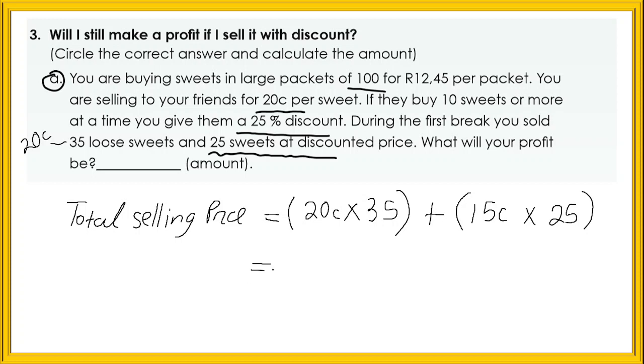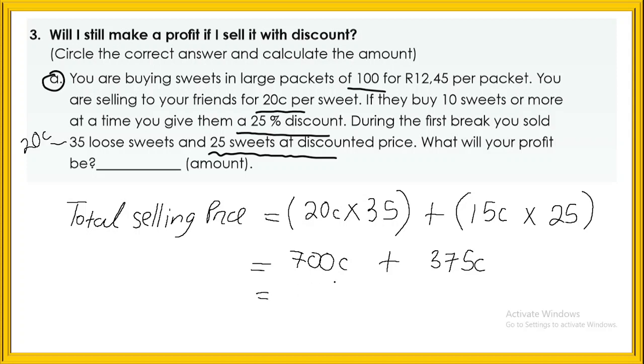So 20 times 35, which means we have 700 cents here from the loose sweets, plus 15 times 25, we have 375 cents from the discounted sweets.